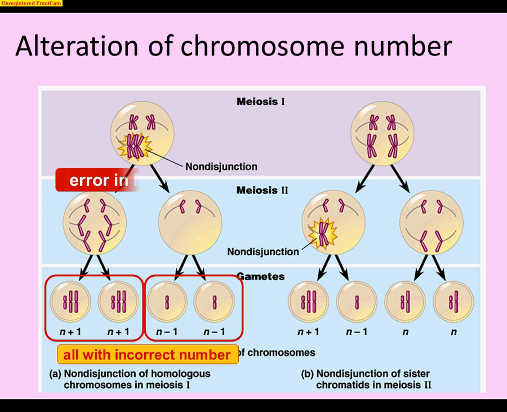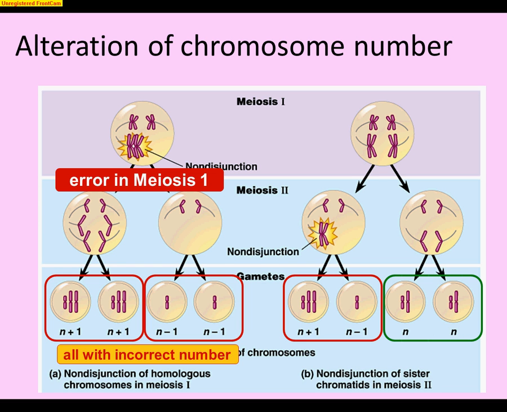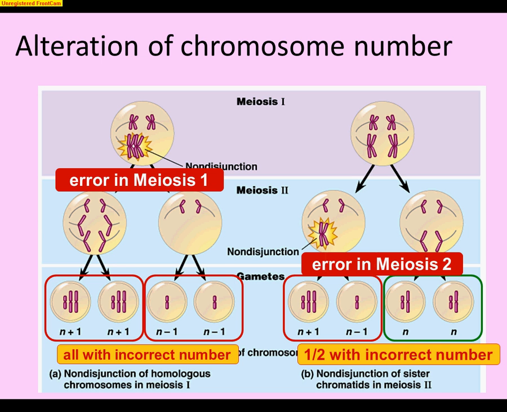And the reason for that is an error in meiosis 1. So what we're going to see when we compare with what happens in meiosis 2, here you only have half the amount with the incorrect number. The other half still is normal. So an error in meiosis 1 is a little more detrimental to the gametes' chromosome numbers than an error in meiosis 2.